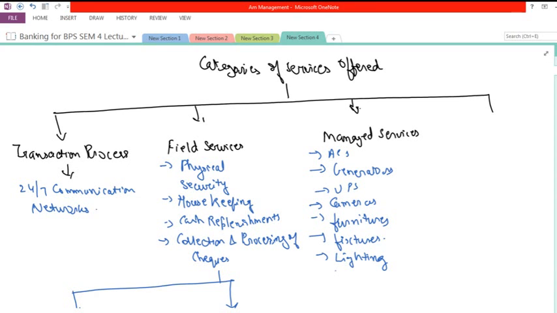Say for example, if the ACs are not functioning well, then कहीं ना कहीं पे ATM machines अच्छे से कैश नहीं डिस्पेंस कर पाते. That's why what we see is that ATM मशीन के अंदर में जो लॉबी रहती है उसके अंदर में दो AC चल रहे होते हैं. The cooler the ATM machine is, the easier it is for it to dispense the cash. Further, generators are required in order to have a seamless power supply.